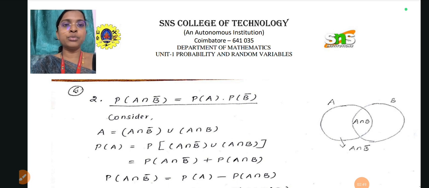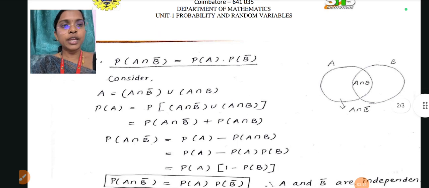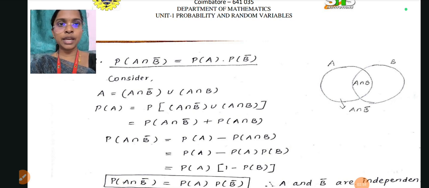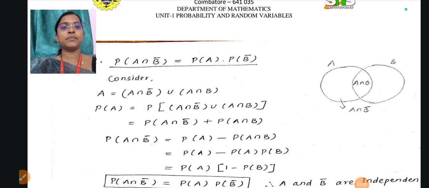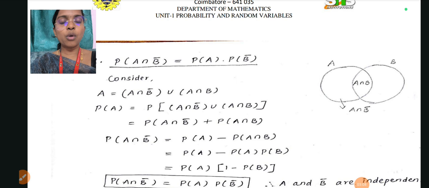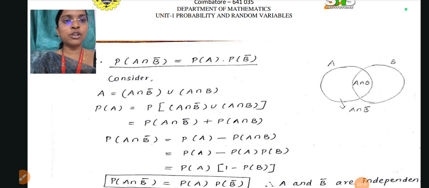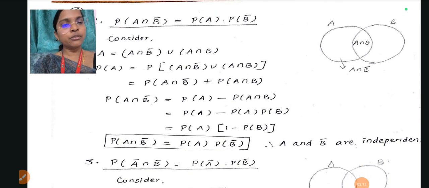So it is enough to prove probability of A intersection B complement is probability of A into probability of B complement. For that we have to consider A is equal to A intersection B complement union A intersection B. Taking probability on both sides, probability of A is equal to probability of A intersection B complement union A intersection B. Probability of one event union another event is equal to probability of that event plus probability of the other event.